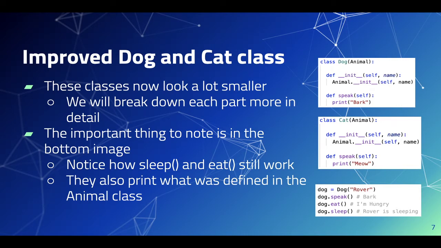Whenever you want to inherit another class, you provide that class inside the parentheses after the class name. So in this case, class dog inherits animal, and class cat inherits animal. We will break down each part in more detail in the future slides, but this is how we basically inherit a parent class.